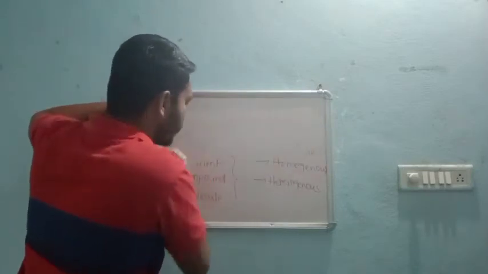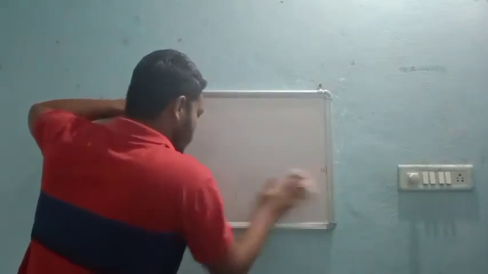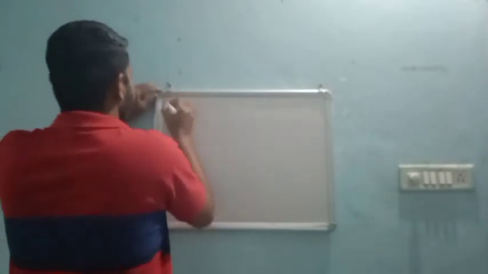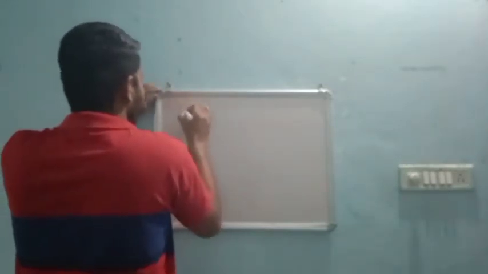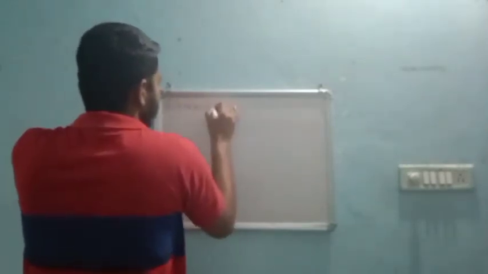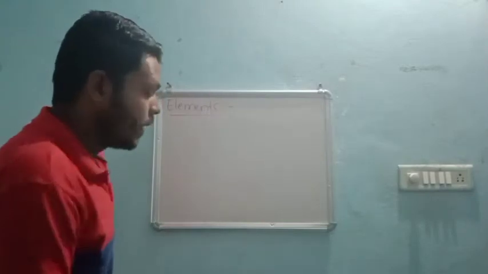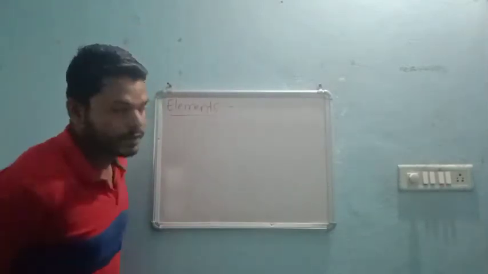So we will take pure substances first. In pure substances, the first one is the element, right? Directly I will write elements. An element consists of only one type of particles, right?